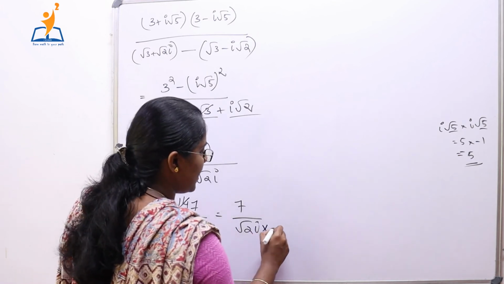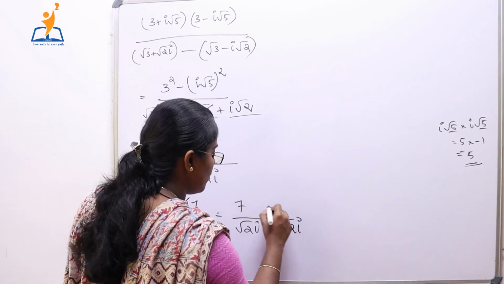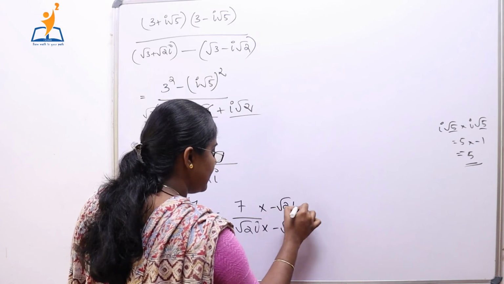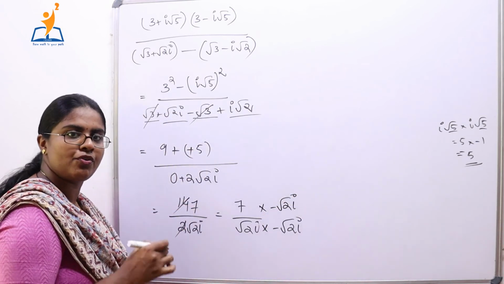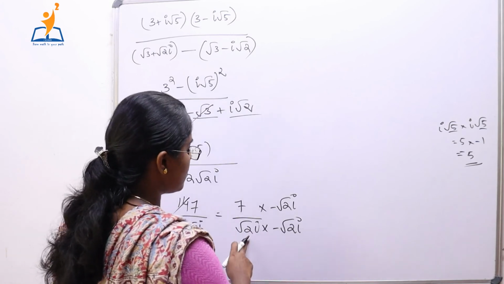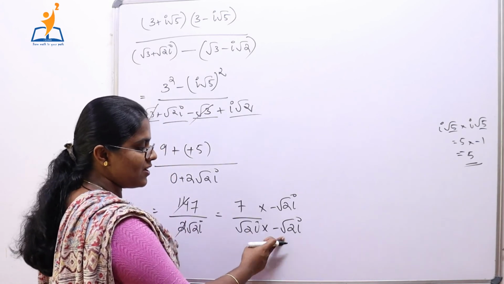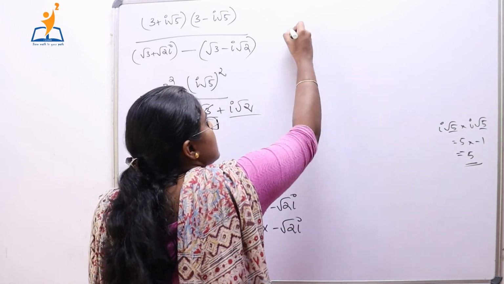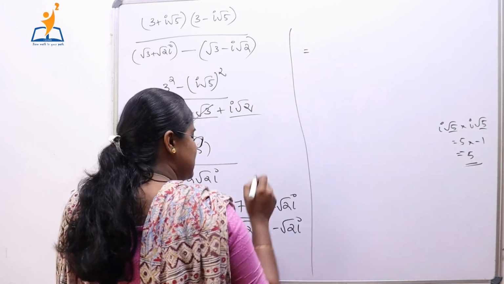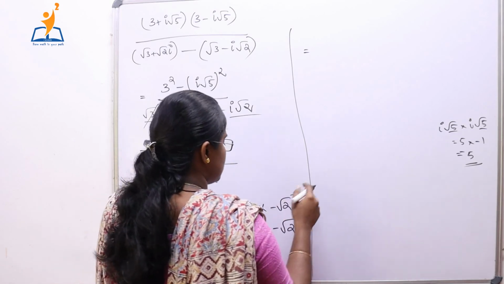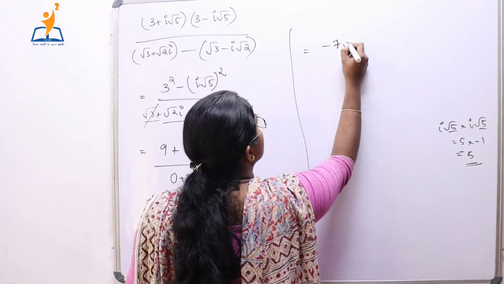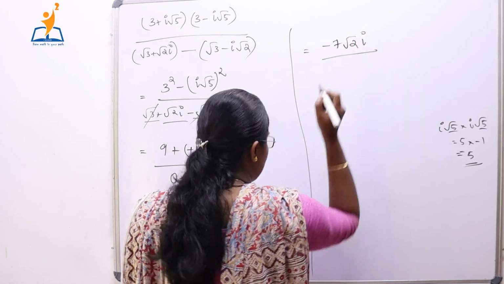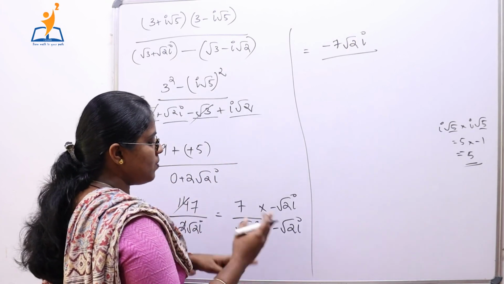We have an imaginary term in the denominator. So we will multiply with the conjugate on both numerator and denominator in order to make it in the form a plus ib. The conjugate of root 2i is minus root 2i, and we have multiplied it in both numerator and denominator. So we will put it like this: 7 into minus root 2i, that is minus 7 root 2i, divided by root 2i into minus root 2i.